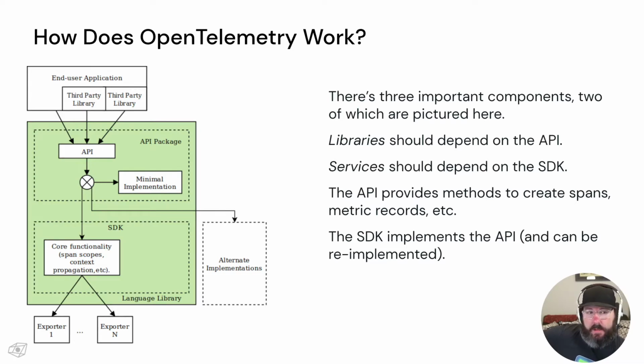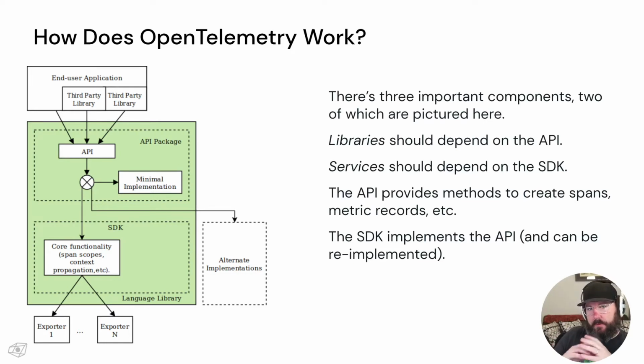So if I'm writing a library, let's say I'm writing a database wrapper or a client for an API, I would only need the OpenTelemetry API. If I'm providing this library as something that other people are going to import and use in their service, then I don't need to take that full dependency on the OpenTelemetry SDK.